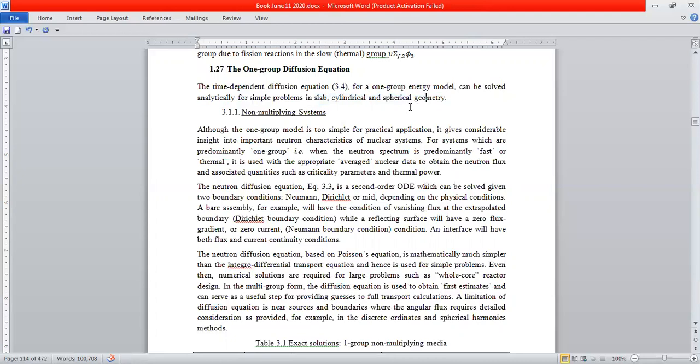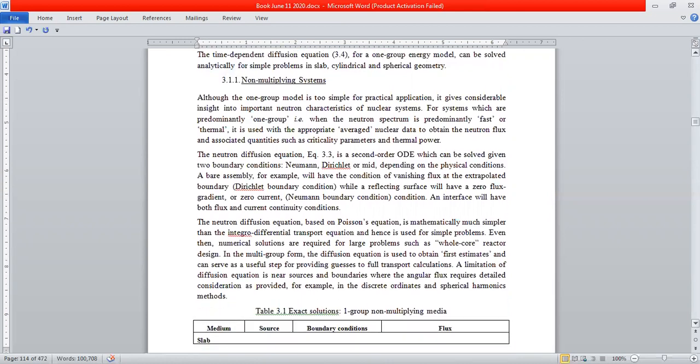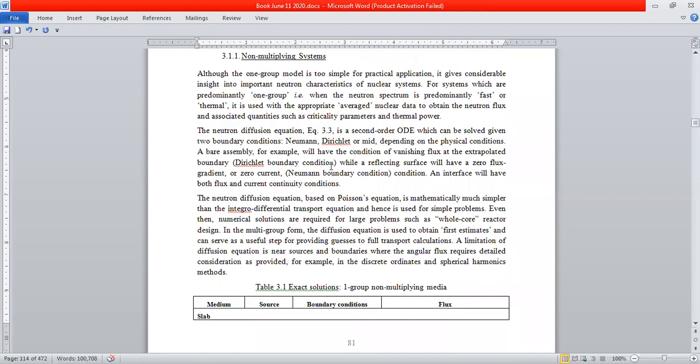So let's take ourselves to regular geometry first. And let's start with non-multiplying systems. So let me say from the beginning that the one group model is too simple for practical application. Even though it is too simple and not a very practical application, it still has an academic value and we need to understand it.